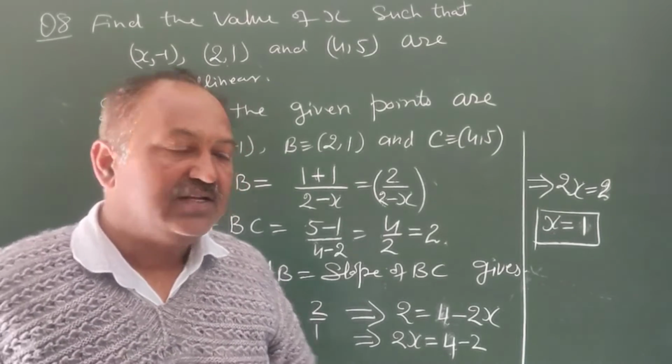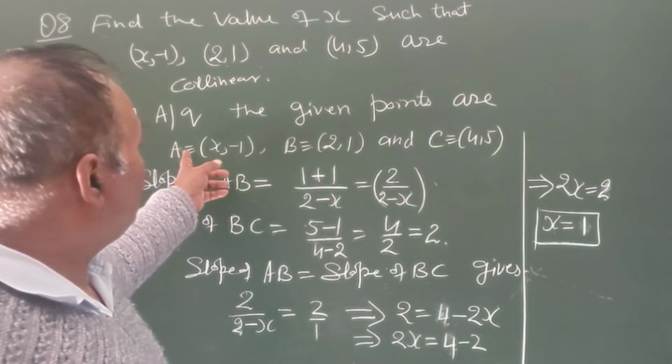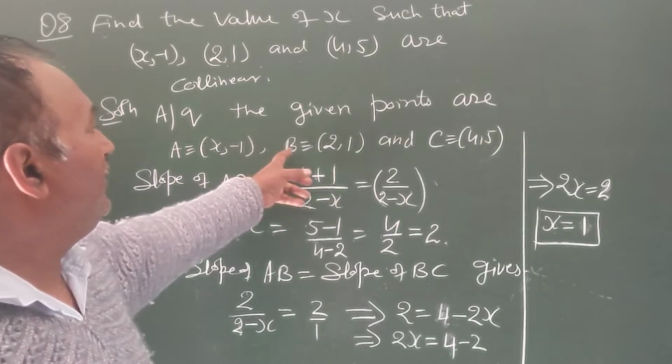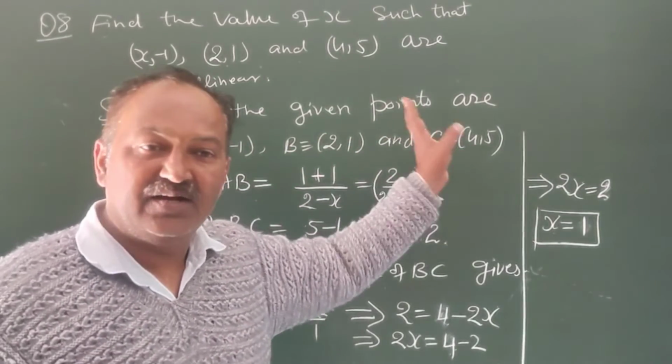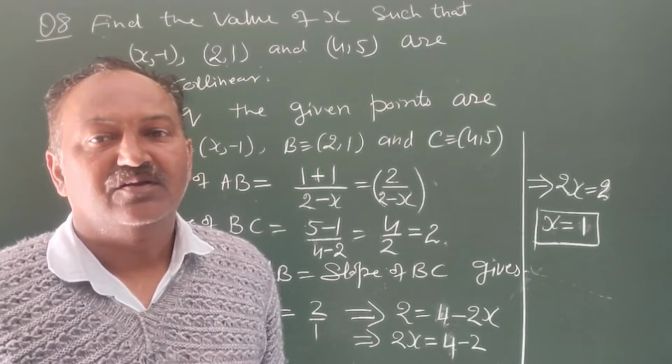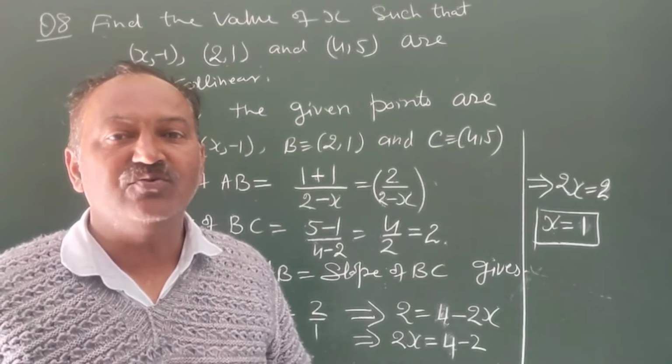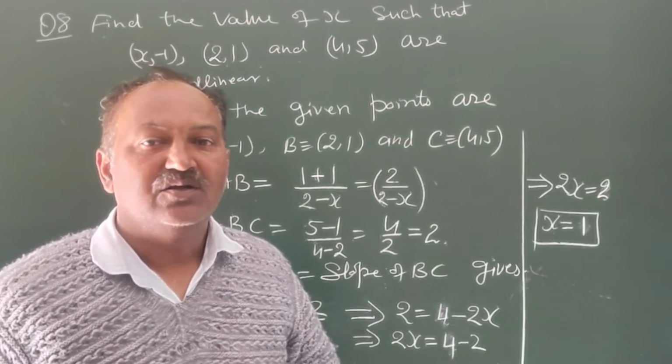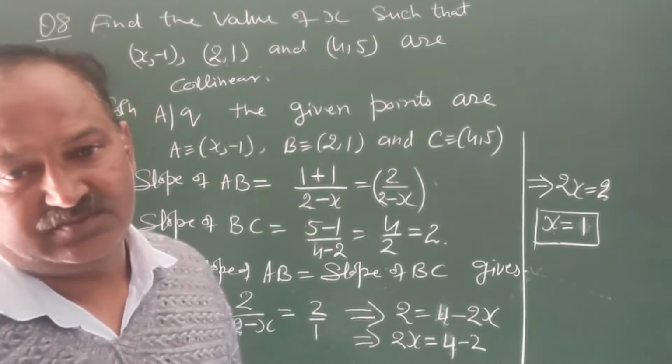And third, the equation of the line passing through A and B must satisfy the third point, then these points are collinear. So in this case, we have to adopt the method of slopes.